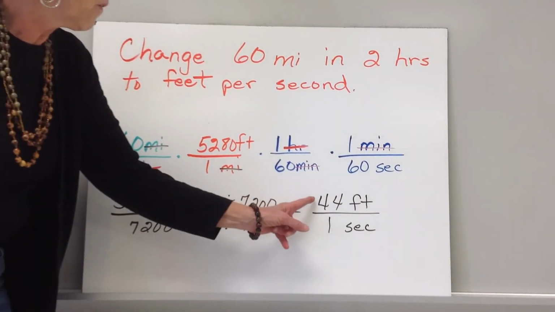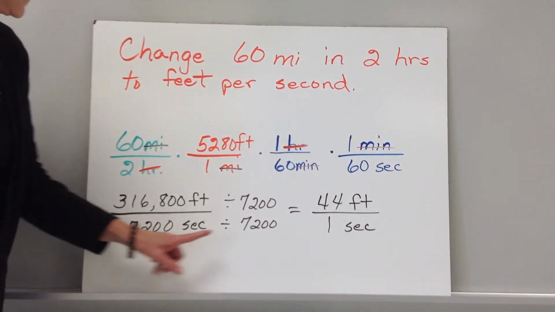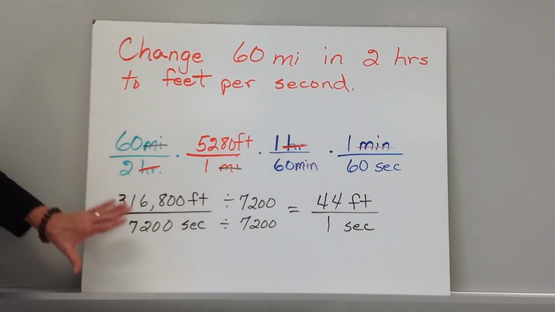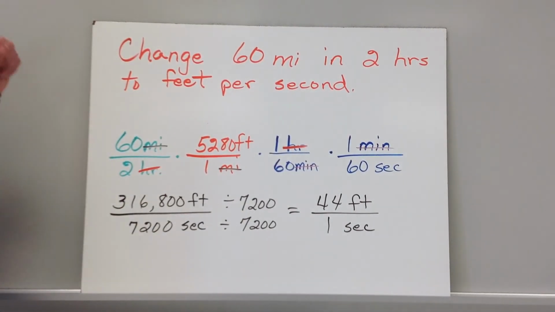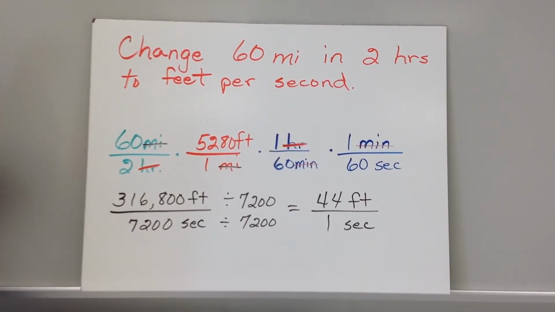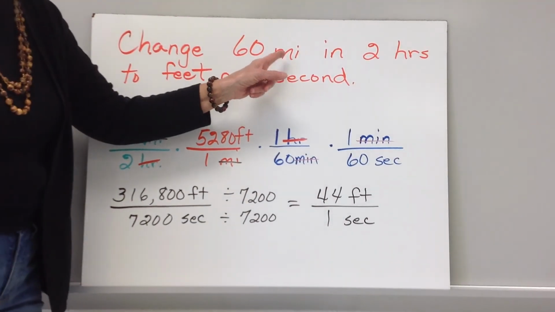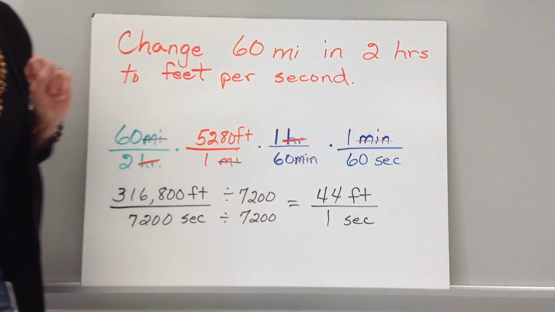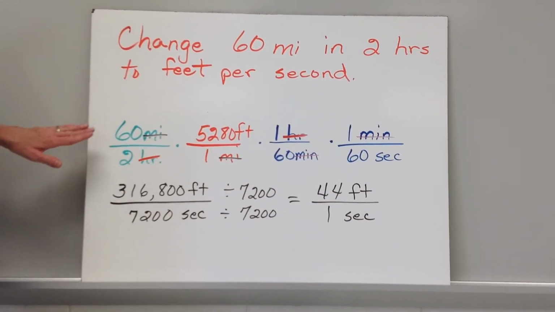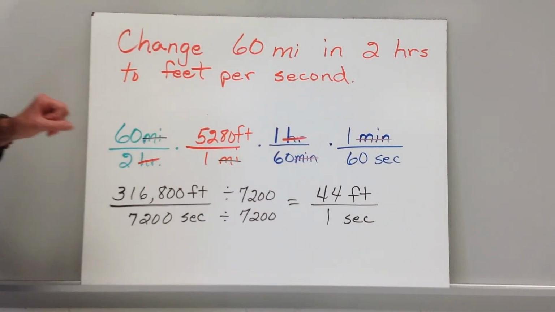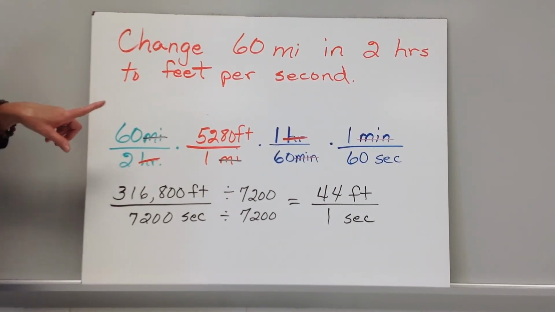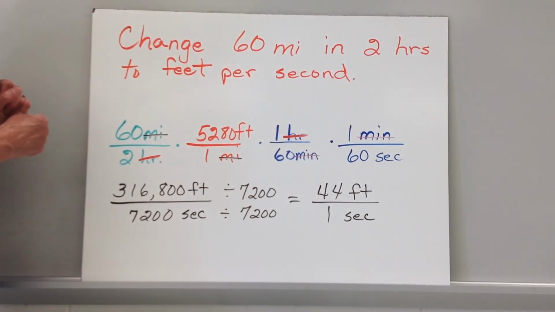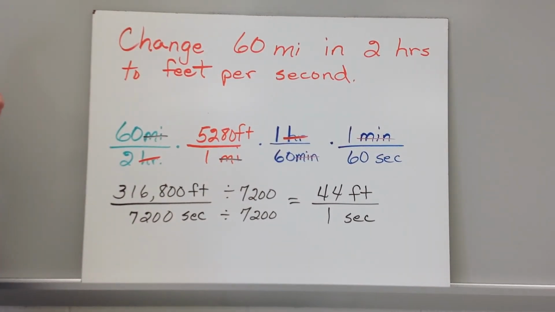That will give me 44 feet in 1 second. Look at this problem carefully. It looks very complicated, but remember, you are changing from miles to feet and hours to seconds in one problem. It isn't difficult if you use your conversion factors, and just remember that the units that you no longer want have to cancel out.